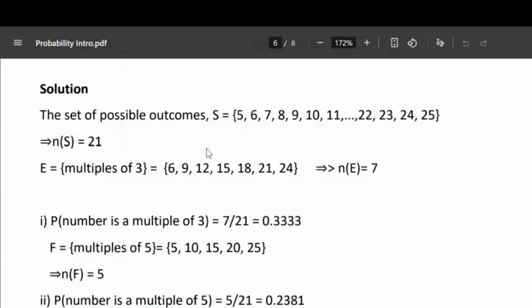Multiples of 3, we have 6, 9, 12, 15, 18, 21, and 24. So there are 7. Out of 21 numbers, we have 7 that are multiples of 3. So it will give you 7 over 21, and that's 0.333 recurring.